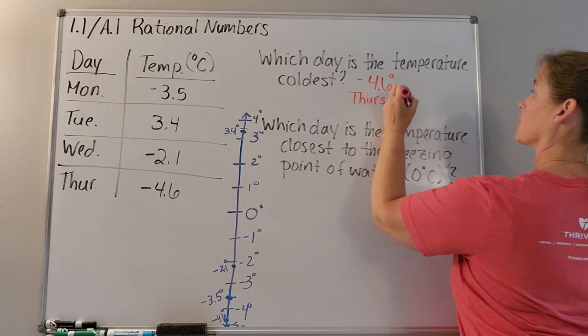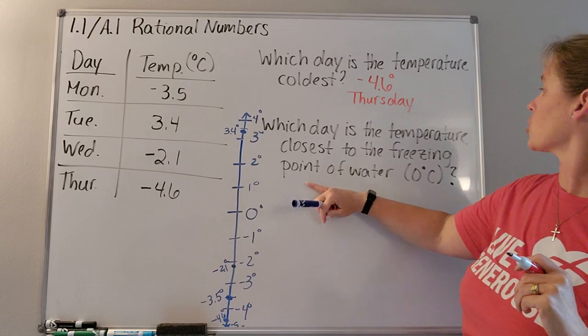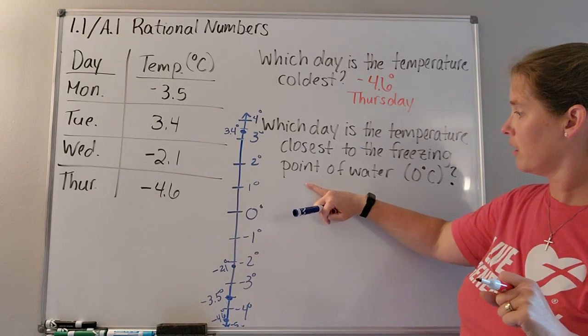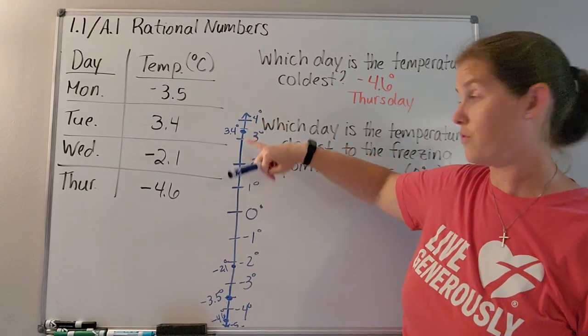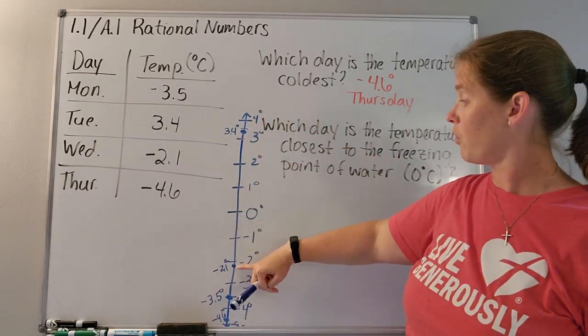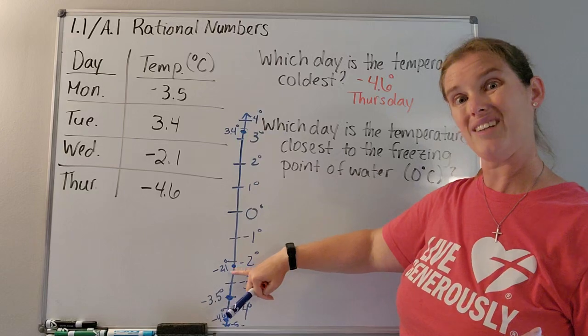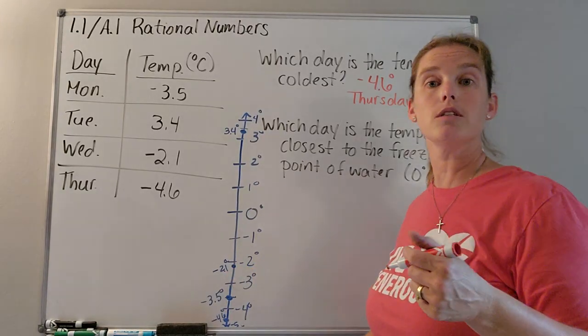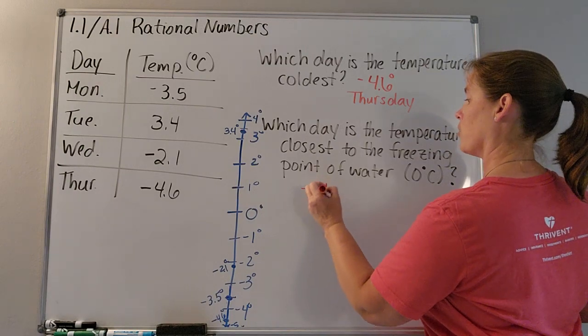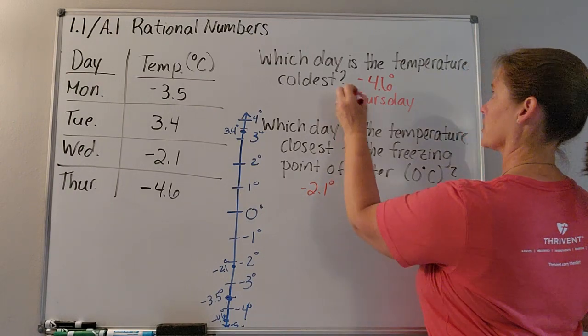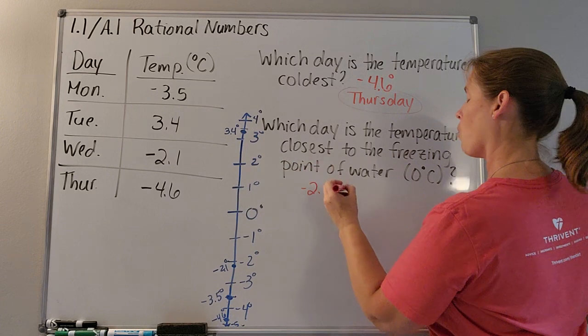So that's what we actually want. And then which day is the temperature closest to the freezing point of water? Well, we've got 3.4 degrees, so that's 3.4 units away. Negative 2.1, ooh, that's only 2.1 units. So the closest to 0 could be less than 0. So that's the negative 2.1 degrees, and the actual answer we're looking for is Wednesday.